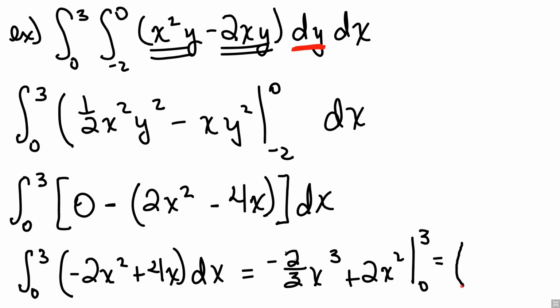So if we put in 3, we're going to end up with -18 plus 18, minus, if we plug in 0, we have 0 minus 0. So we're going to end up with 0. Any questions?